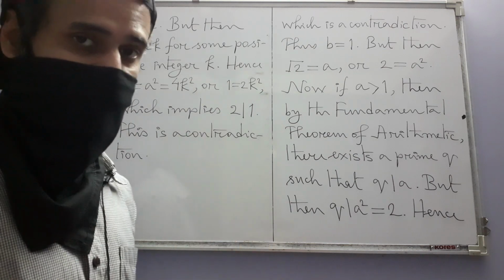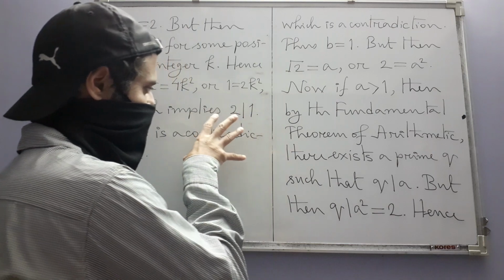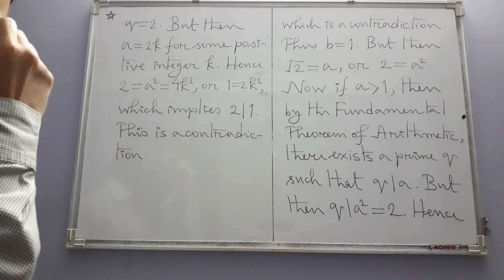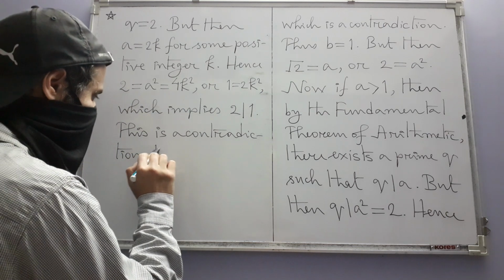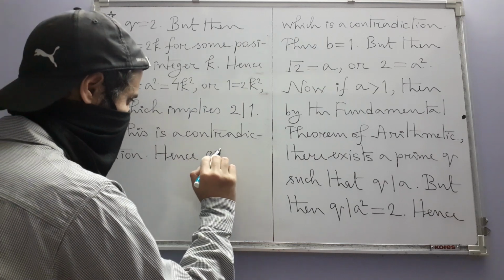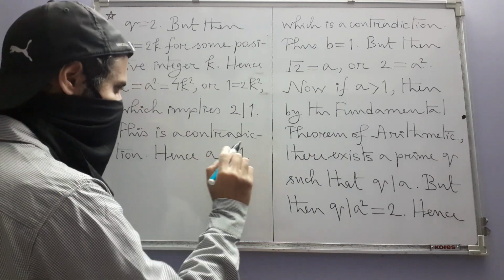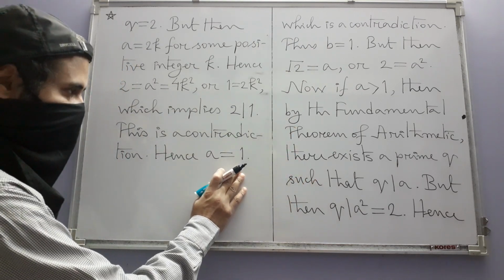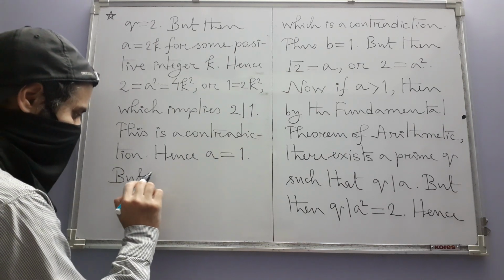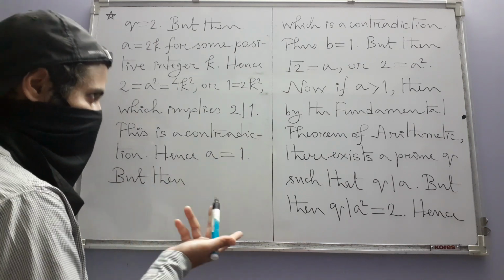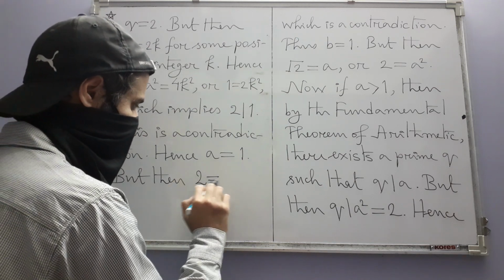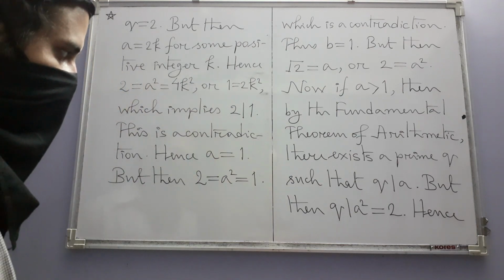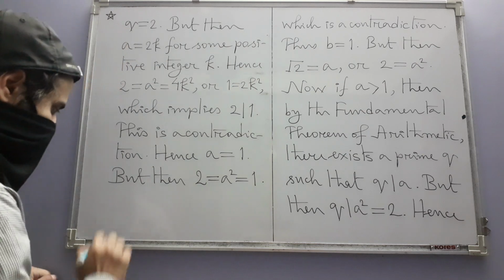But that's not the end. This thing again is arising from this if condition. So that means that if condition should not be true. So a must be equal to 1 because a is already greater than or equal to 1. If it is not greater than 1, this is the only choice left. But then this is again another absurdity.